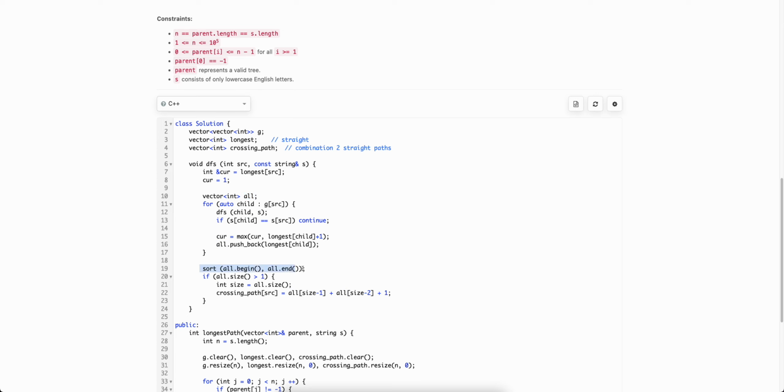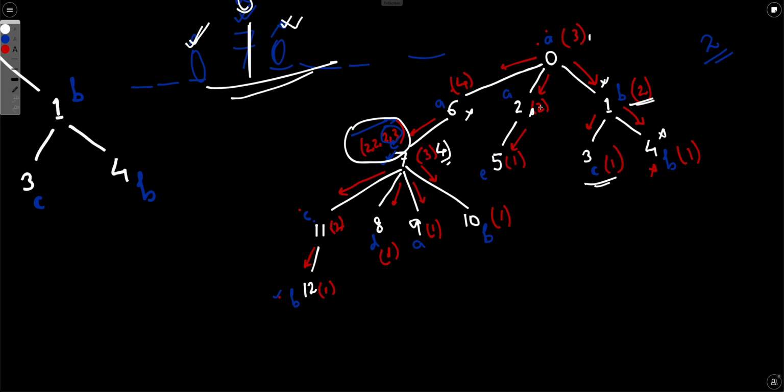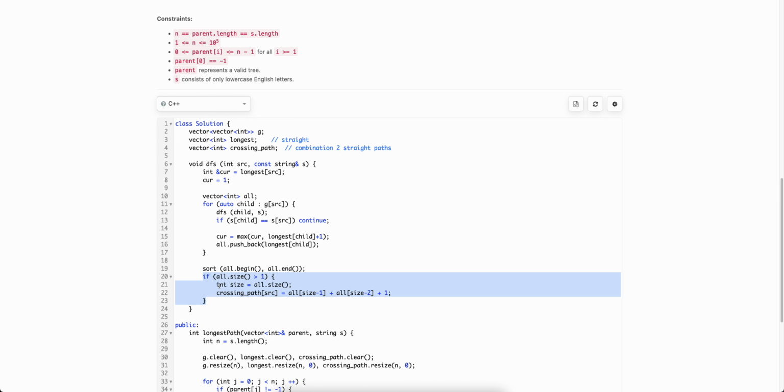I sort it, and then check whether the candidate list has more than one element. Basically, more than one child candidate should be there. We have seen that if the number of children is 3, like here 0 has 3 children, the candidate list is still single, only one. That's what we check, and the crossing path will be the last 2 plus 1.